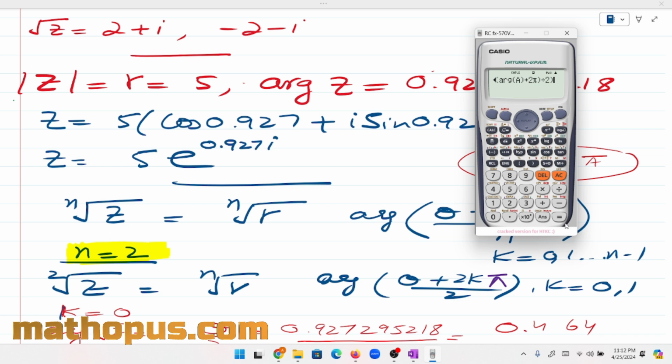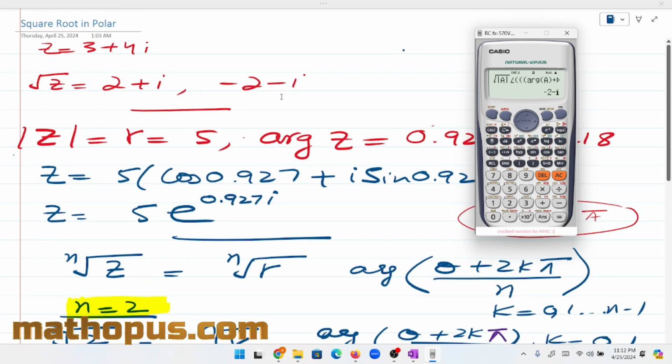Now after pressing equal, we will get the second square root, minus 2 minus iota. So simple, crazy simple, isn't it?